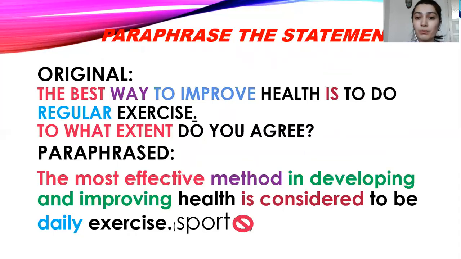Instead of saying to improve, I used in developing and improving. And what is more, one more important thing is that I used a different grammatical structure. Instead of using the to-infinitive form to improve, I used the gerund, in developing and improving, the ing form.